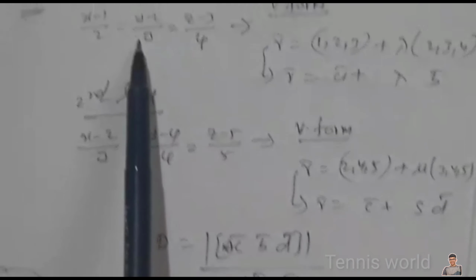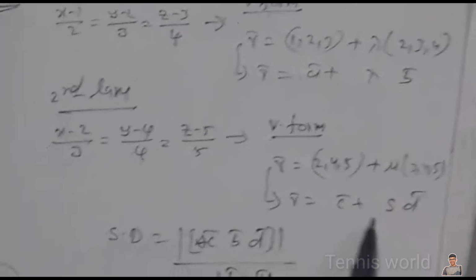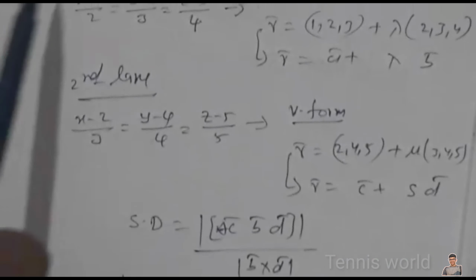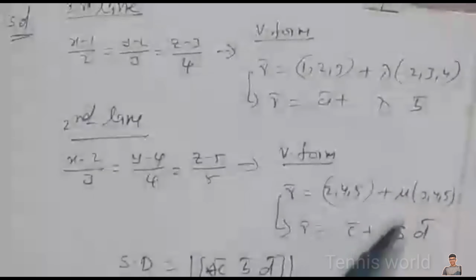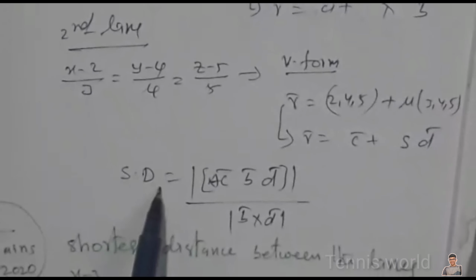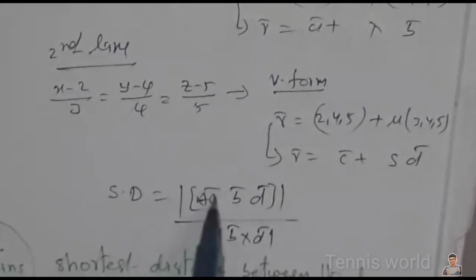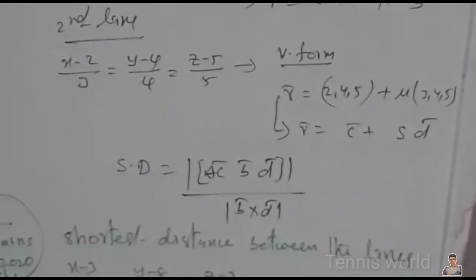This equation is in the form r bar equals a bar plus lambda b bar, and the other equation is converted to the form r bar equals c bar plus s d bar. After converting these two lines into vector forms, to find the shortest distance we have the formula we already learned in first year: mod of the box product [a c b d] divided by mod of b cross d.